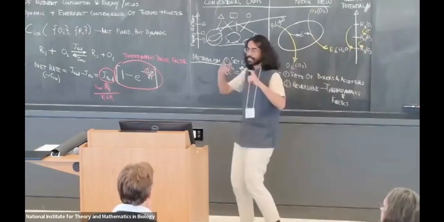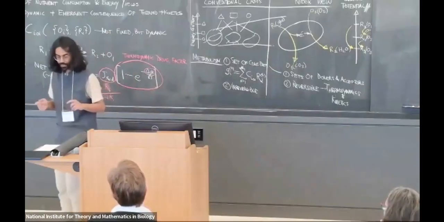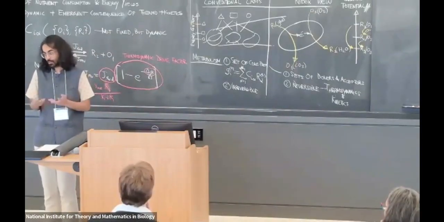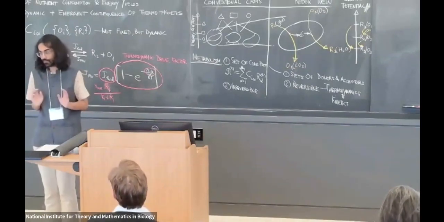That's something that Orkun showed very nicely in one of his papers, ISME 2016, I believe. So you can get more diversity than you would naively expect simply because of this feedback.